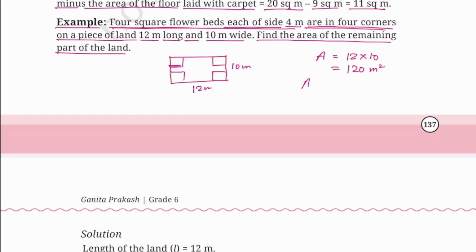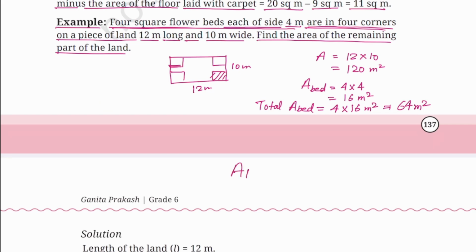So area of a square flower bed will be 4 into 4, that is 16 square meter. Since there are 4 square beds, total area will be 4 into 16 square meter, that is 64 square meter.